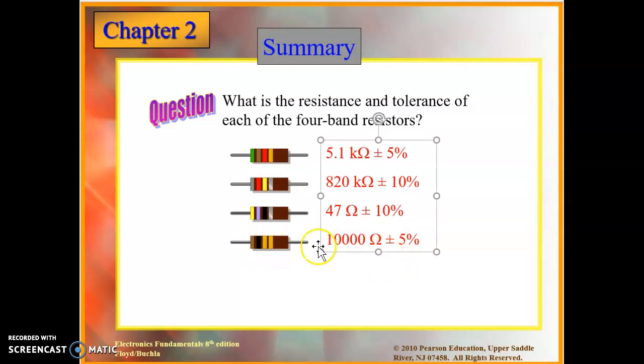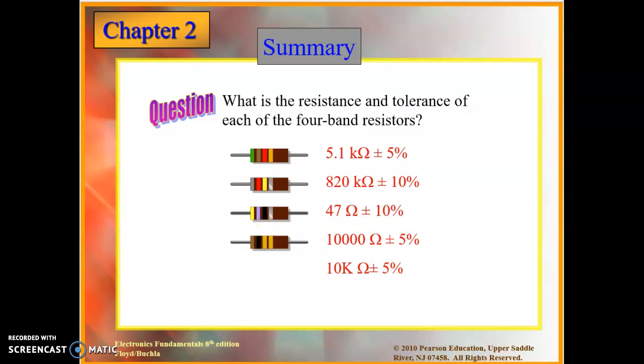So we will have 10,000 ohms. We can write it like that, or we can write it as 10 kilo ohms. We have a couple of typos here, but we are fixing them.